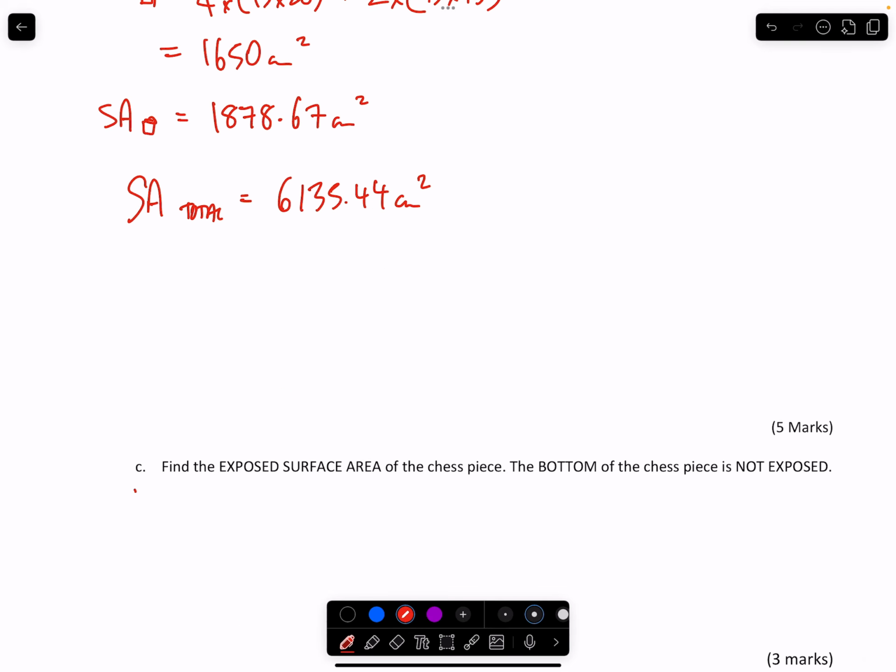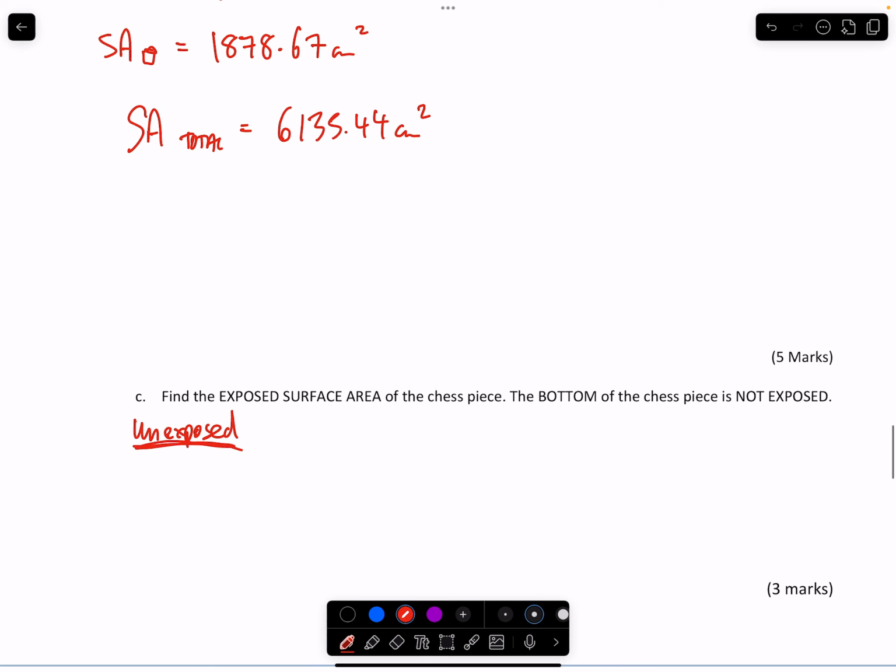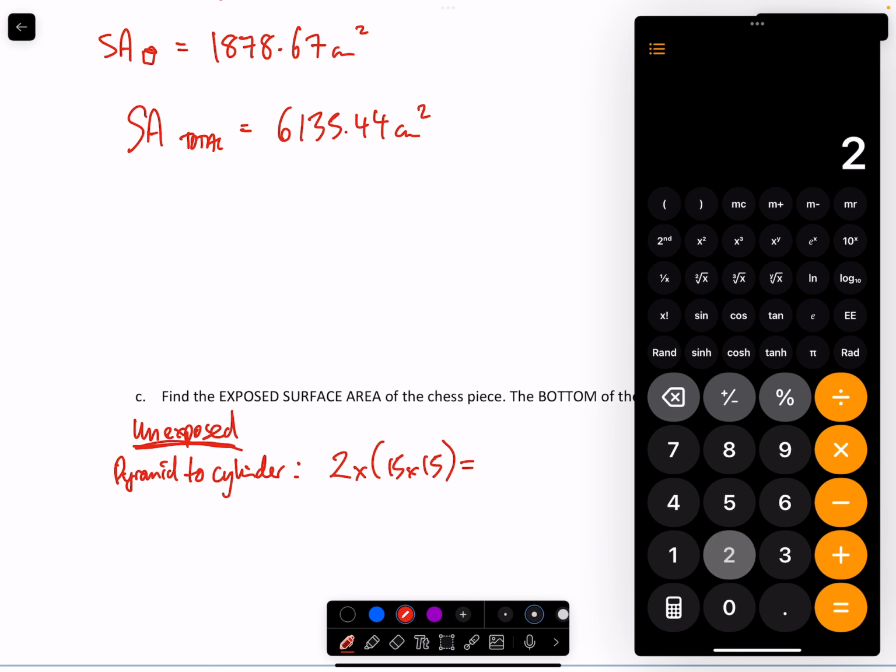So unexposed. You've got the pyramid to cylinder, which is 2 squares that are 15 by 15. Where's my calculator? 2 times 15 times 15, 450 square centimeters.